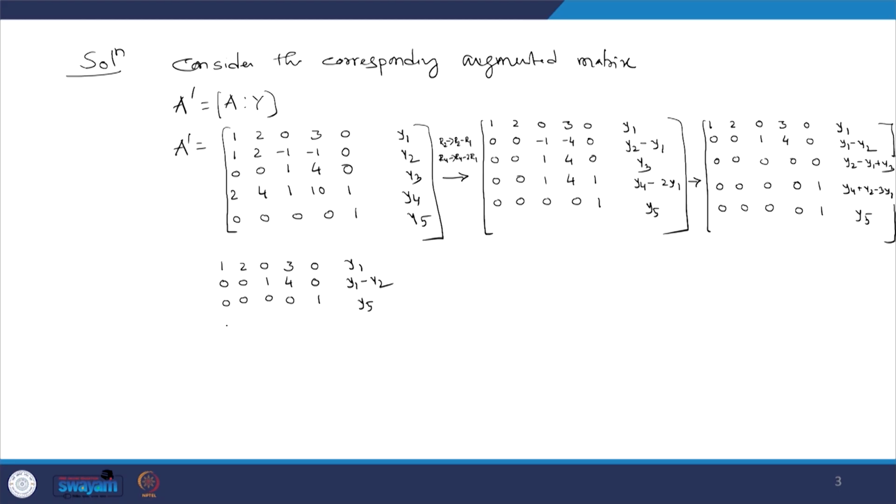If I do it and keep the rest as it is, 0, 0, 0, 0, 0, I will have y4 plus y2 minus 3 y1 minus y5, and the last one, since I have shifted the third row to the fifth row, will be 0, 0, 0, 0, 0, y2 minus y1 plus y3.